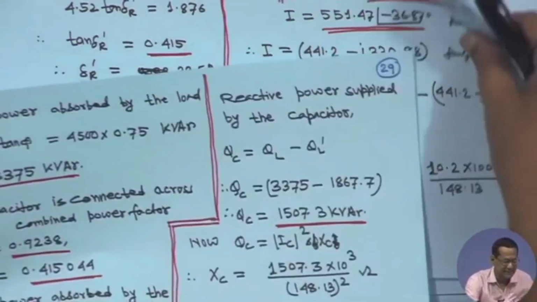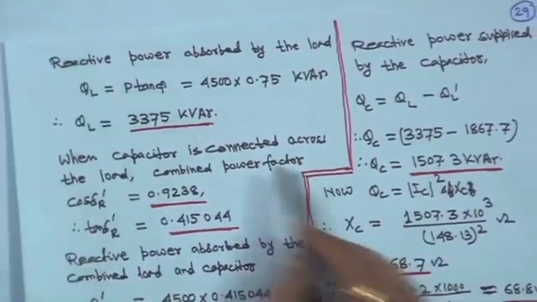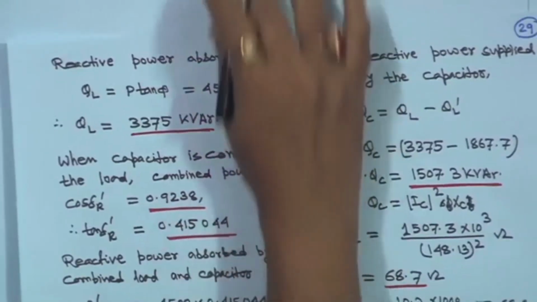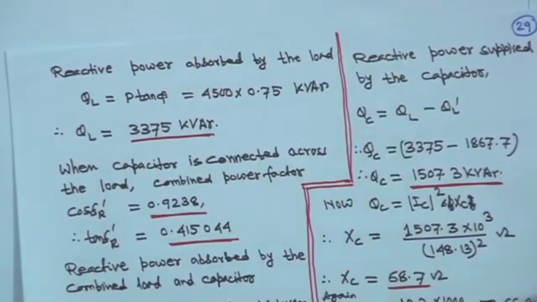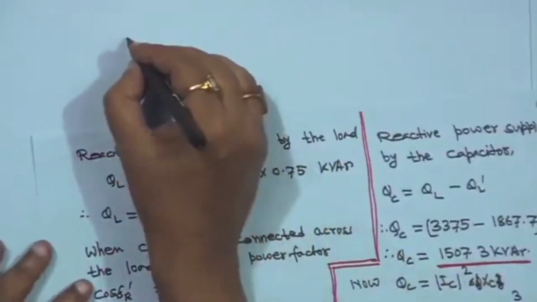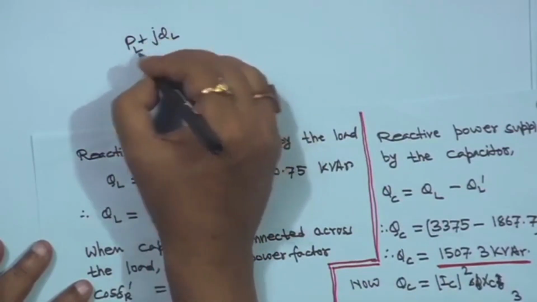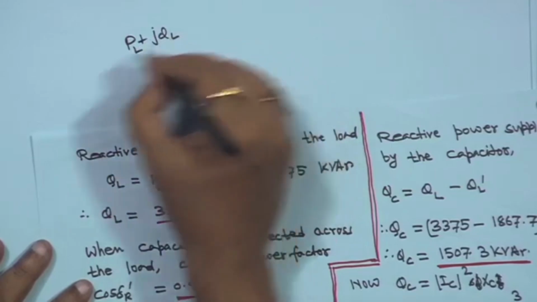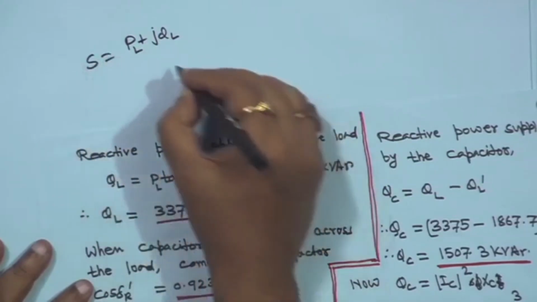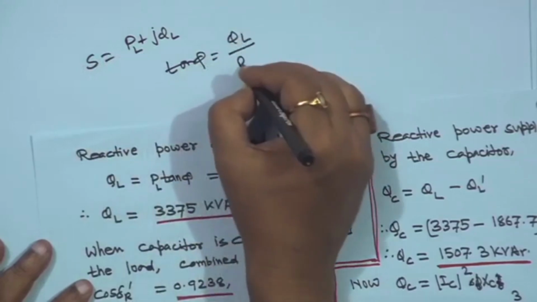So, in this case, first, when there was no capacitor, the reactive power absorbed by the load, QL, is equal to PL tan phi. That means when you write the power S, P I am putting in L, j QL, that is load power, then tan phi is equal to QL upon PL.